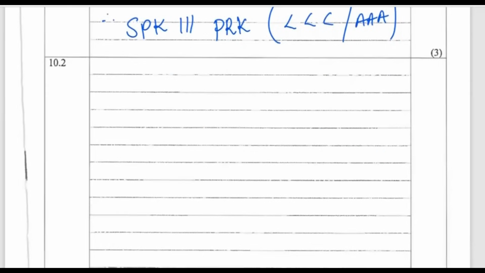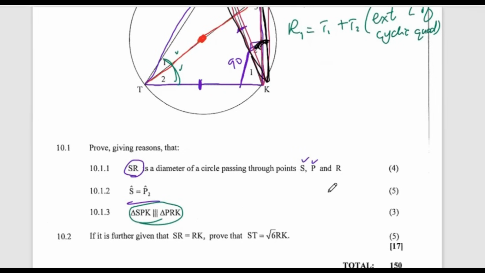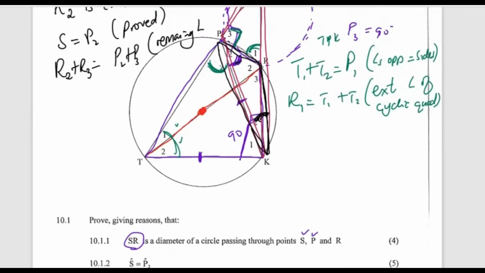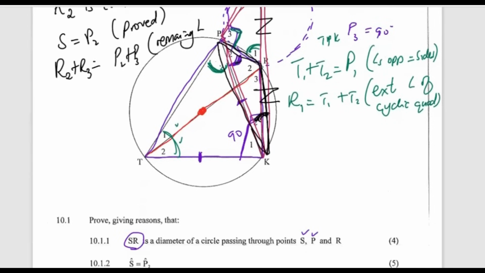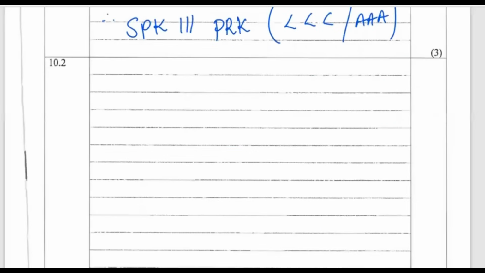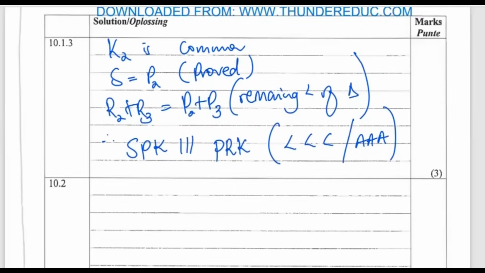10.2. It's further given that SR is the same as RK. So that side is the same as this side. It's disorganized, but it's given, use a clean one.